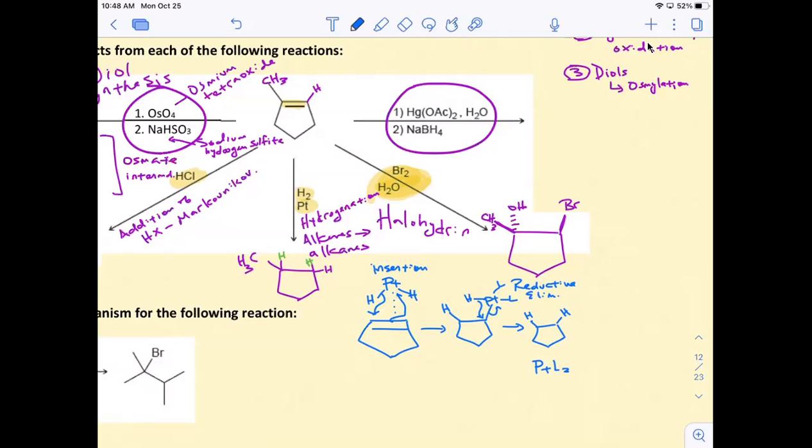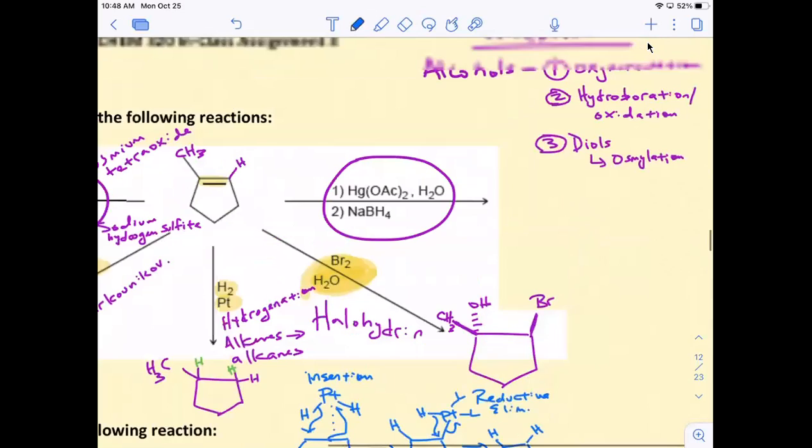We've looked at osmylation. We've already looked at addition of HX. The last reaction, we've got 2 minutes left. I'll show you the outcome, and then we'll talk about the mechanism on Wednesday. And I'm going to show you the other reaction that is kind of parallel to this, but with different regiochemistry.